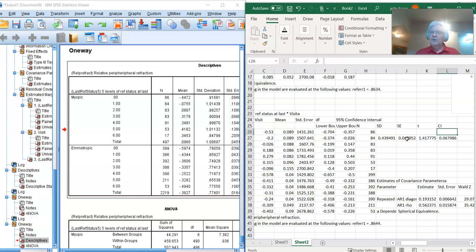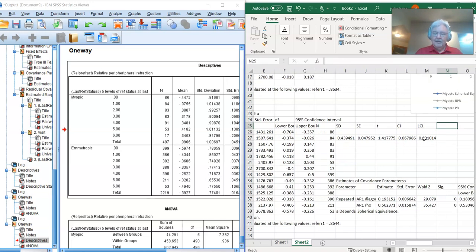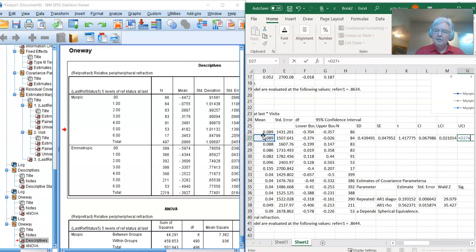And then the lower confidence interval, the lower CI, is equal to the mean minus CI, and the upper confidence interval is equal to mean plus CI.